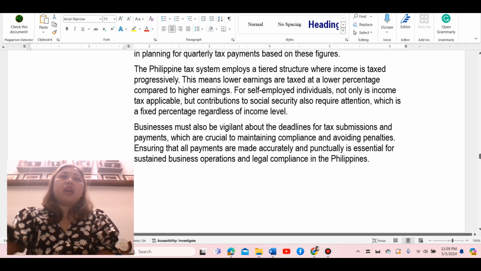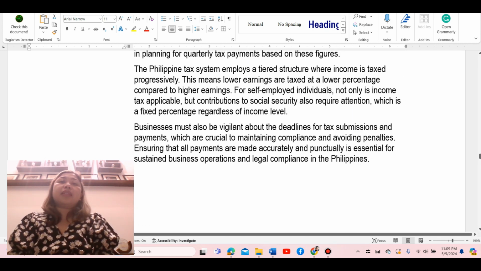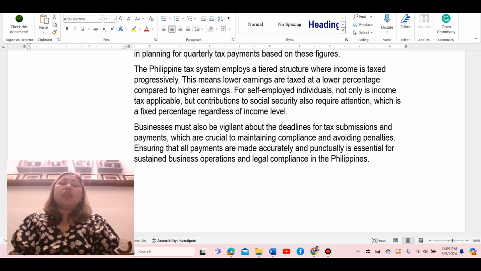The Philippine tax system employs a tiered structure where income is taxed progressively. This means lower earnings are taxed at a lower percentage compared to higher earnings.